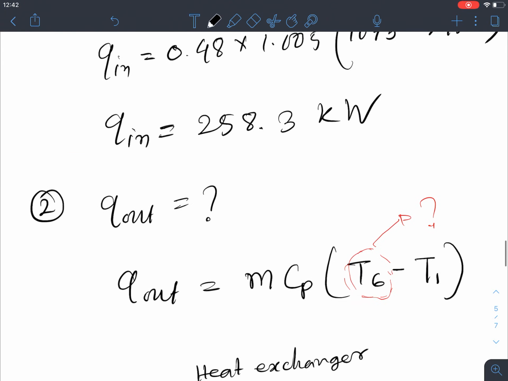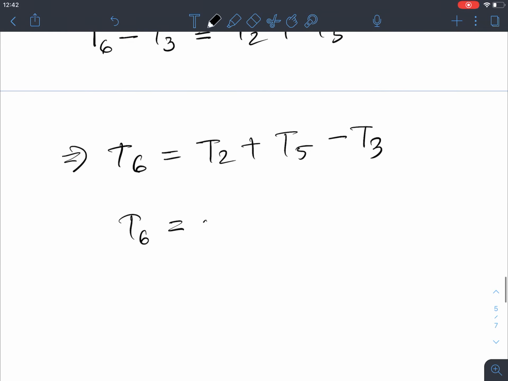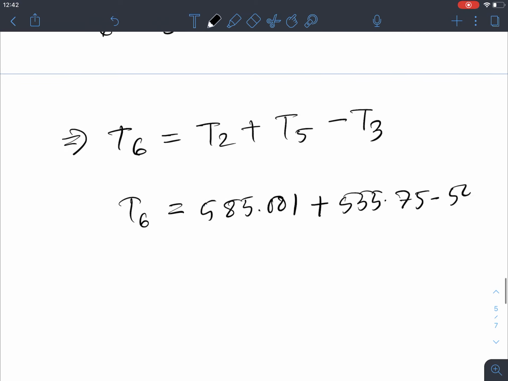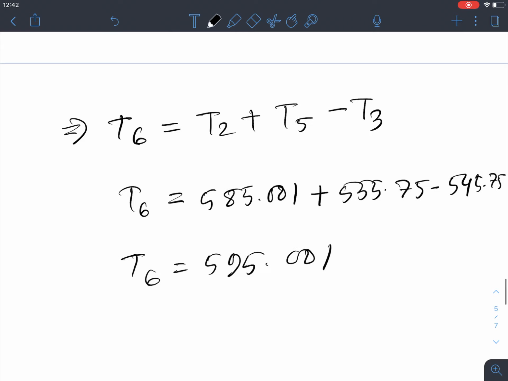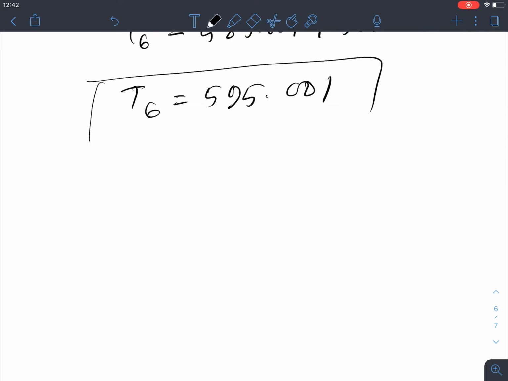We know that T2 equals 585.001 plus T5 equals 555.75 minus T3 equals 545.75. So if we plug in all this information, then T6 equals 595.001, right? So this is our T6.